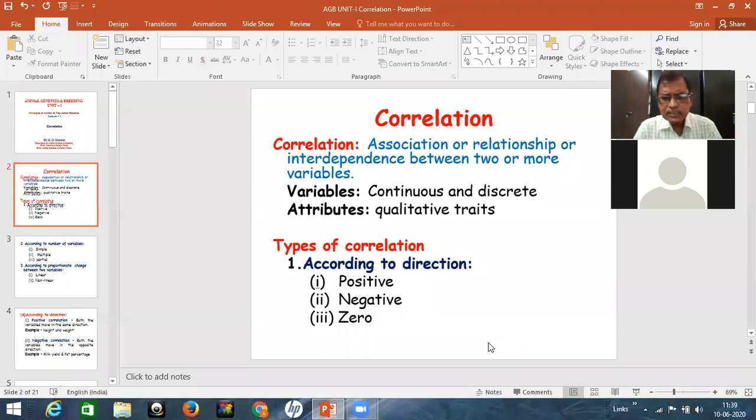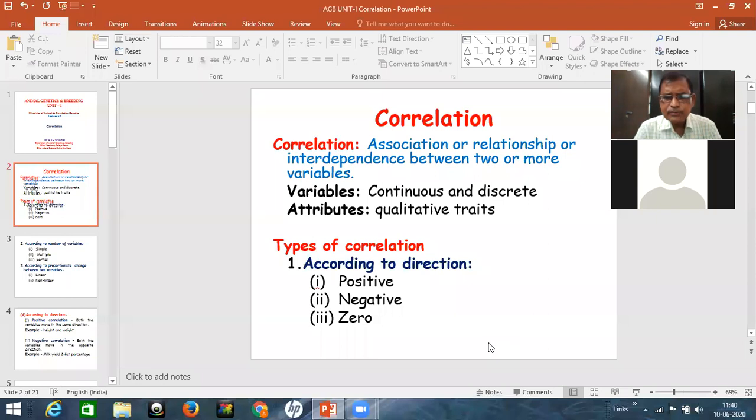But in case of variables, it is again of two types. One is continuous variable, and the other kind is discrete or discontinuous. So what is the meaning of continuous and discrete? Continuous variable means the variable which takes any values within a certain range. Say, for example, the milk production.